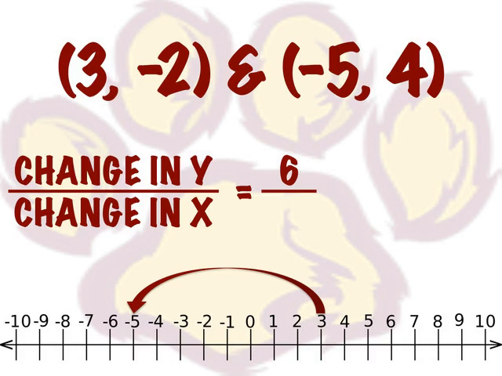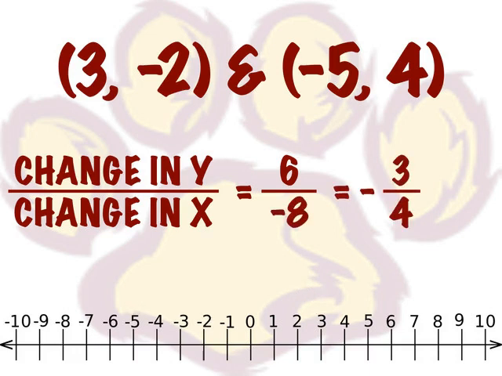Since we are moving to the left, it will be a negative 8. And then we have 6 over negative 8. Well, when that simplifies, 2 goes into both of those numbers. So 6 becomes a 3, 8 becomes a 4. So we have the slope of 3/4. But since one of those numbers is negative, the slope is negative 3/4.